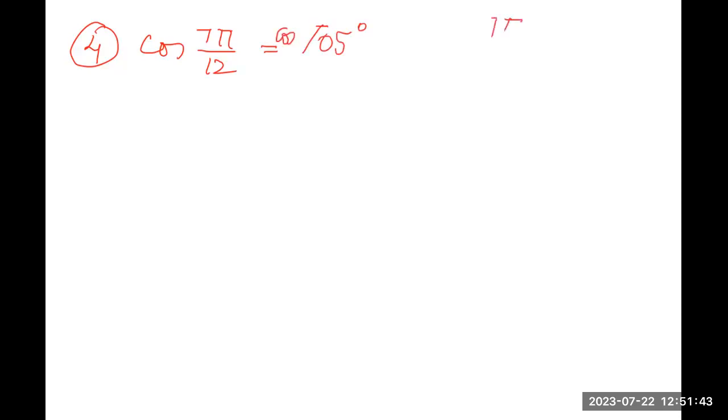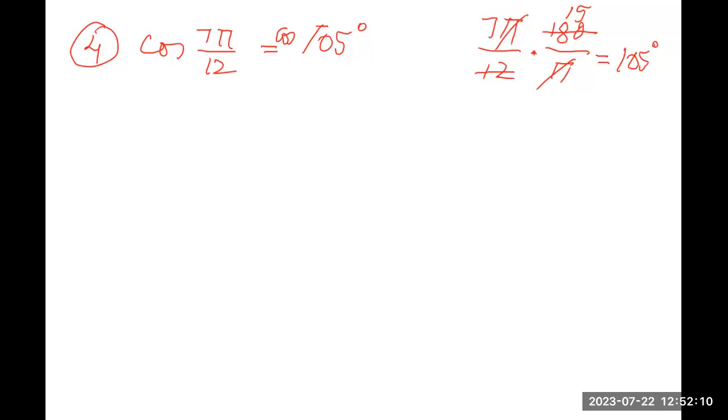If you do 7 pi over 12 times 180 over pi, then the pi's cancel out, and 12 times 15 is 180, and 7 times 15 is 105.